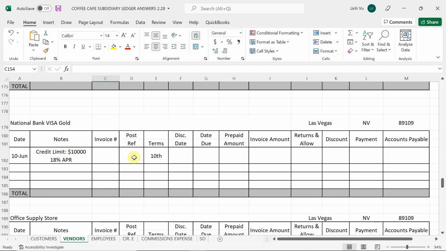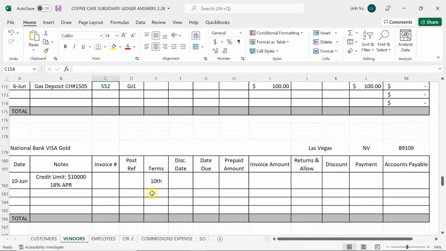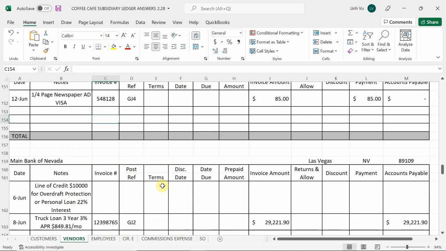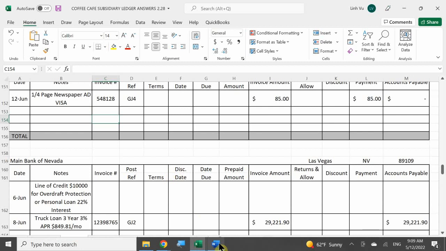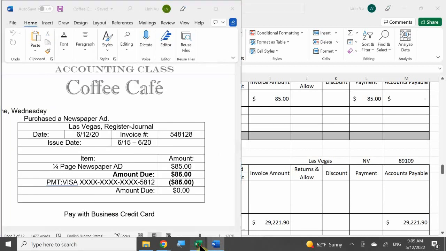So you're expecting a National Bank Visa credit card bill to arrive. But in this case, no, we don't need to put anything in here because we never received a bill from National Bank Visa Gold credit card at all. So in this case, no, we do not need to update that subsidiary ledger. Okay.